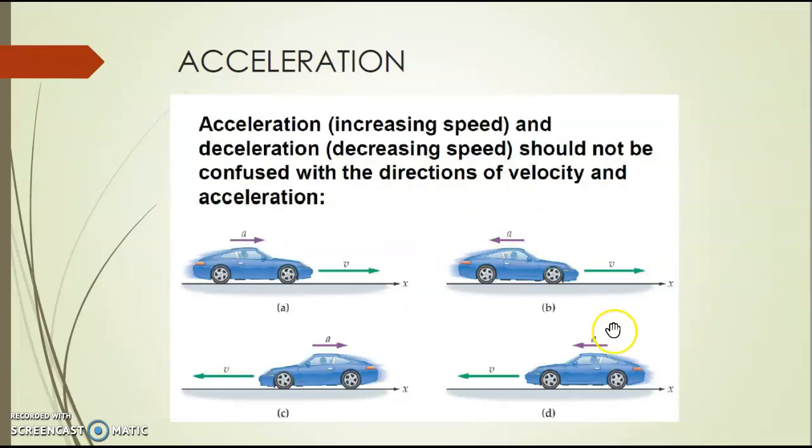So what happens when acceleration and velocity have the same direction? Okay, what happens is the velocity increases, but when acceleration and velocity are in opposite directions, therefore velocity decreases until it will come to a stop.